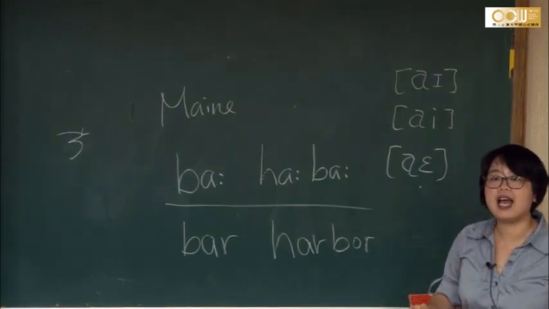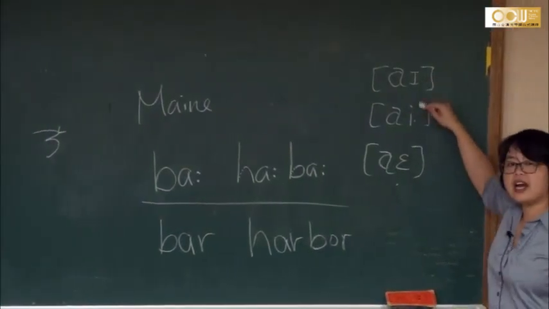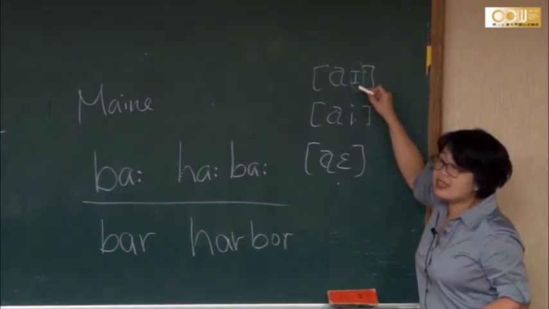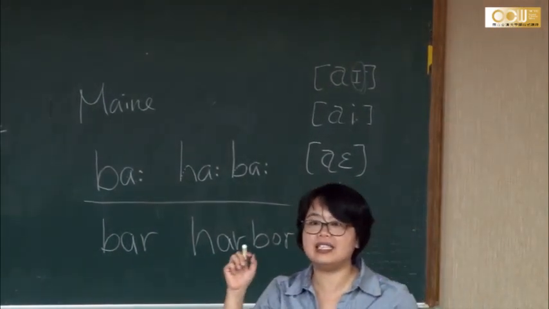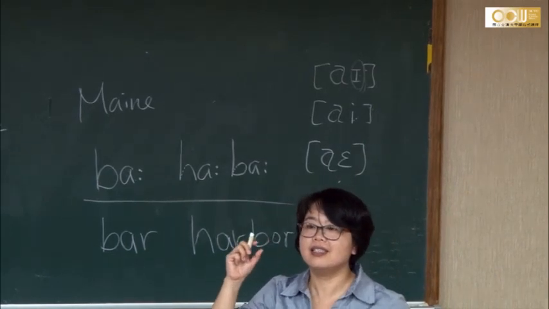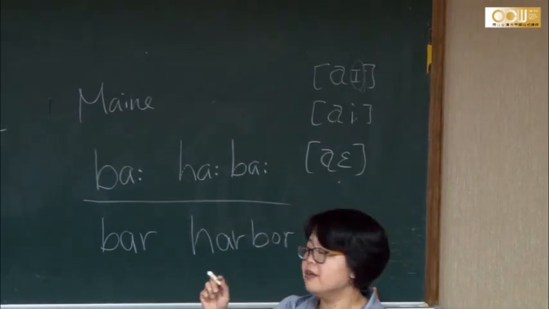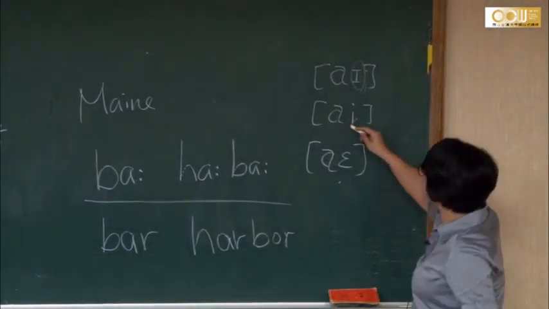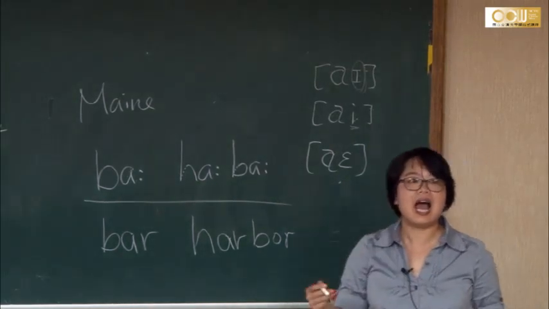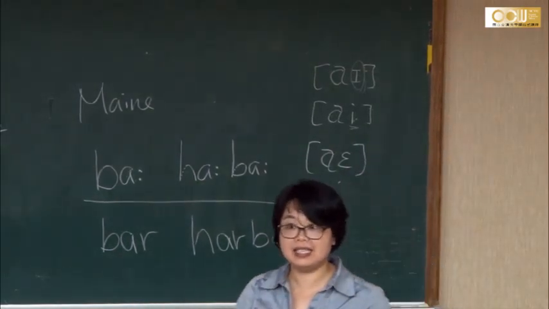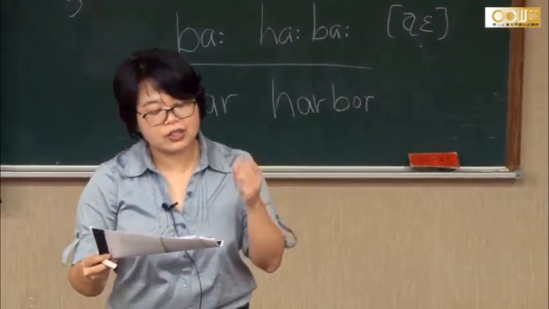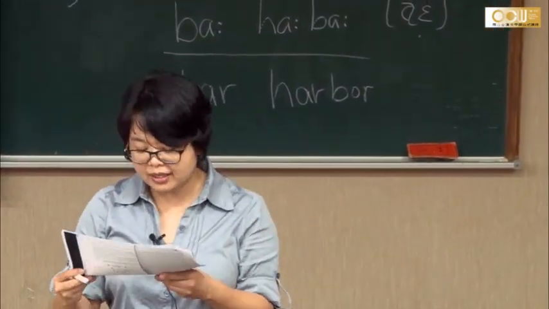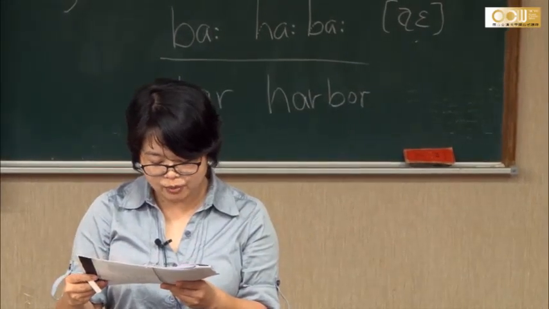Can you do the contrast between these two? This one should be the vowel as in bit, while for this one, you're emphasizing a real E. Yeah. So, like I said, these differences could be a little bit subtle, but if you want to get the accent right, this is what you do.